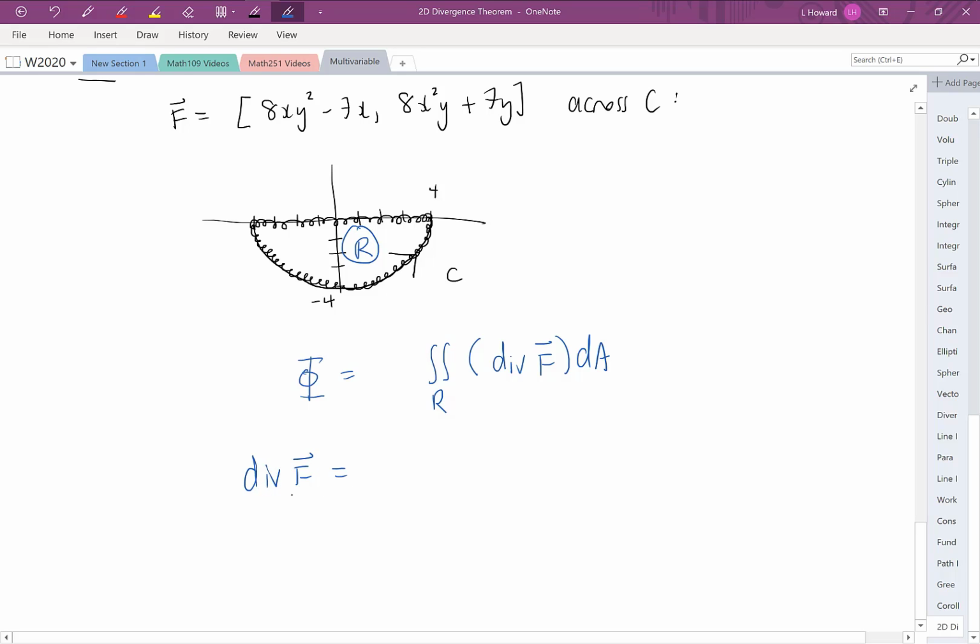By definition, the divergence of a vector field means take the partial with respect to x of your first component, and then add on the partial with respect to y of your second component.